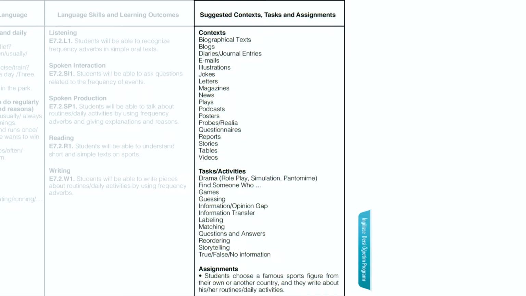The items in the last column give a general idea of what kind of texts and contexts can be used in the coursebook, what kind of tasks can be assigned, and what assignments should be given or can be given.